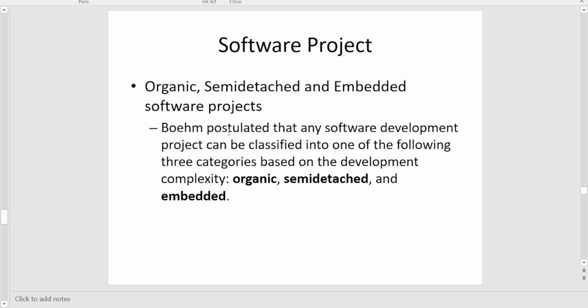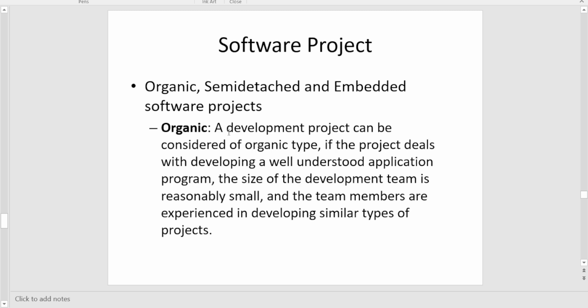Now, as we have seen, the coefficients and the exponents depend upon the project. So the projects can be either organic, semi-detached, or embedded. Barry Boehm was one of the leading researchers in the field of software engineering. He devised these three basic classifications.